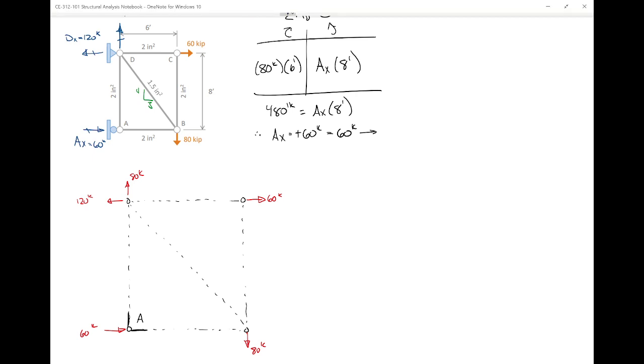So sum of forces in the x direction tells me what? If this is 60 kips to the right, what's this? 60 kips to the left. And if that's 60 kips to the left, well, what's going on with sum of forces in the y direction?